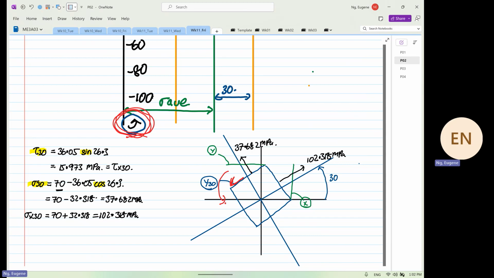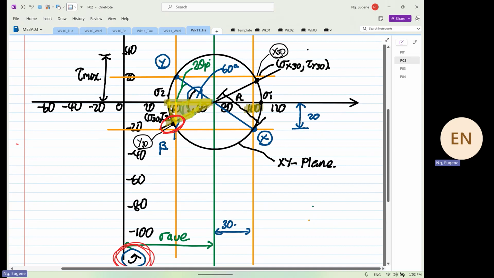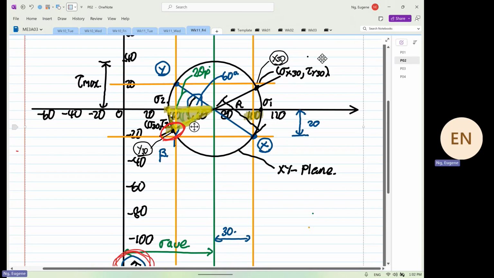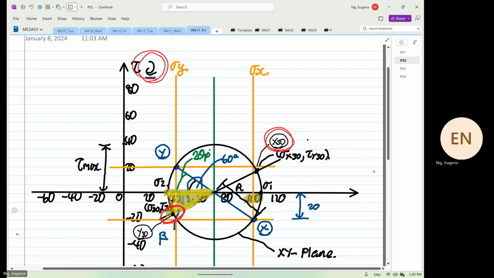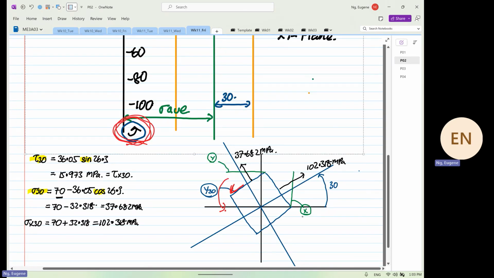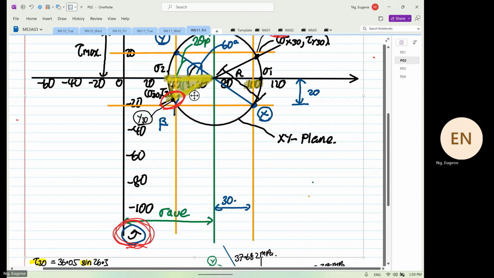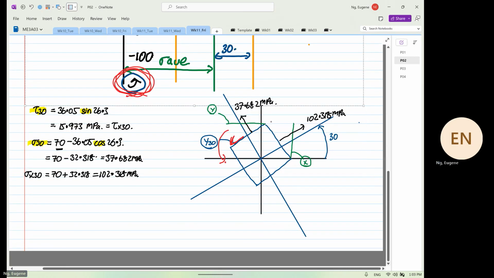Okay, again, don't write anything. Later on, you can write. Now I'm going to show you X30. If you have a view on X30 over here, the element has to rotate in what direction? Clockwise. So this over here is your X30.